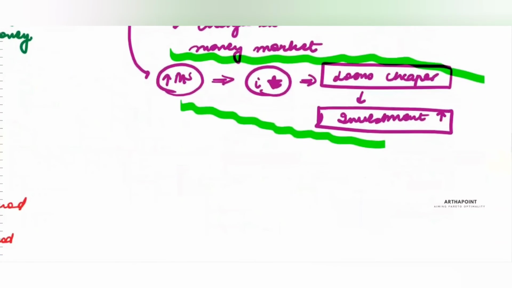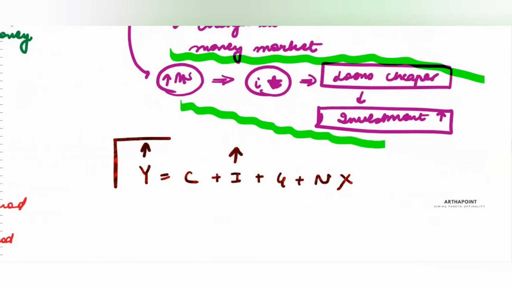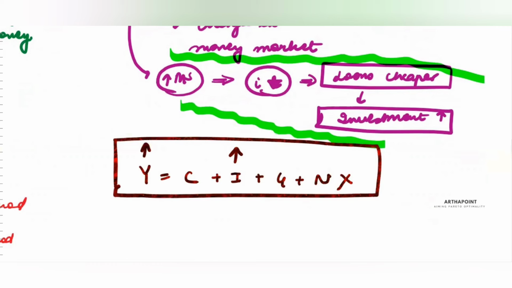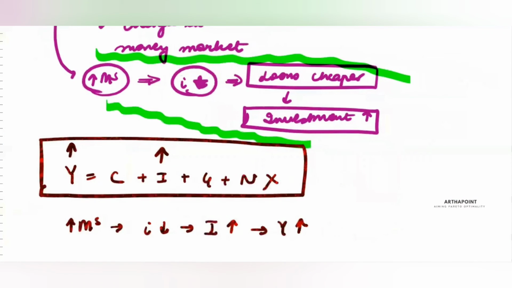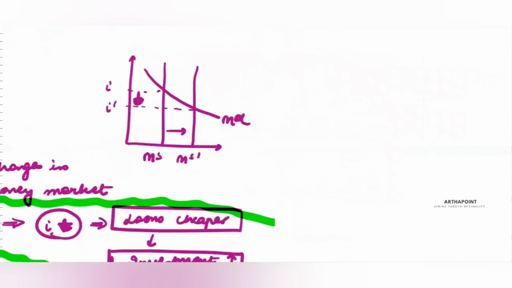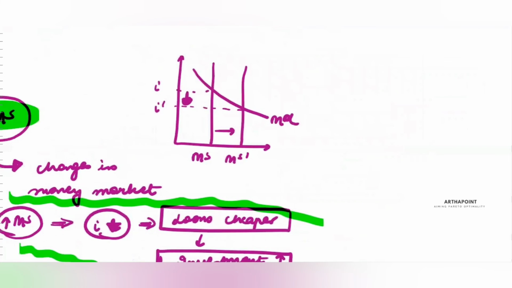And again, if I go through the same equation, Y equals C plus I plus G plus NX, when investment increases, your income will increase, your GDP will increase. So increasing the supply of money causes a decrease in interest rate, causes investment to increase, and hence GDP to increase.